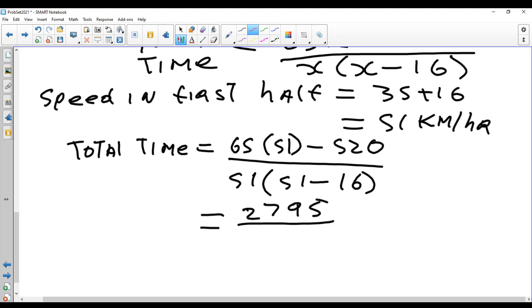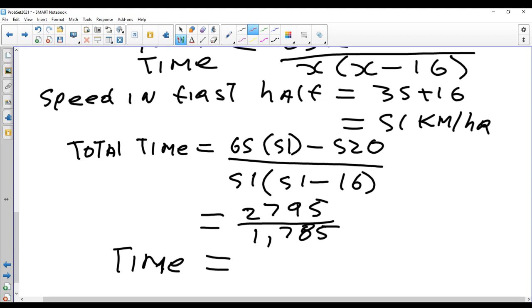And then on the bottom would be 51 times, I guess 35. What's 51 times 35? 1,785. Okay. So what is the time that we're getting out of this then? 2795 divided by 1,785.